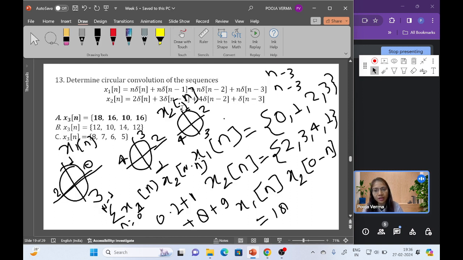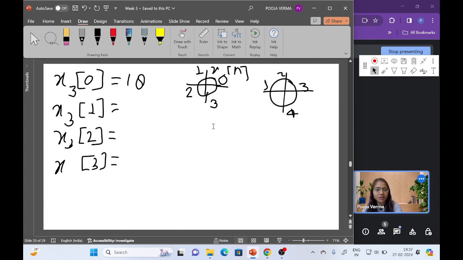As we know that x2 of minus n is 2, 1, 4, 3. If we move one rotation, we get 3, 2, 1, 4. Now, in order to get x3 of 0, we will multiply these two sequences.